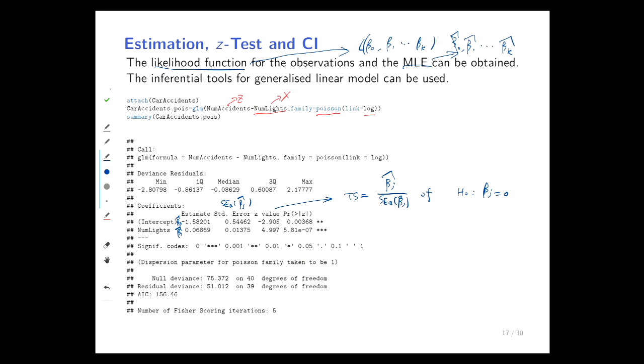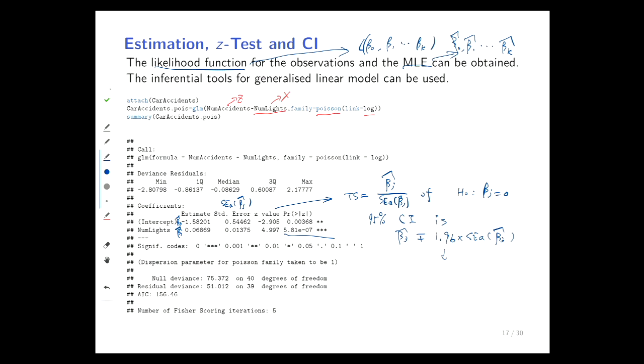By using this p-value, we can find that, obviously, the number of traffic lights can be used to predict the number of car accidents for different counties. Also, by using the estimate and the standard error, we can obtain the 95% confidence interval, which is beta j hat plus or minus 1.96 times the standard error of beta j hat.